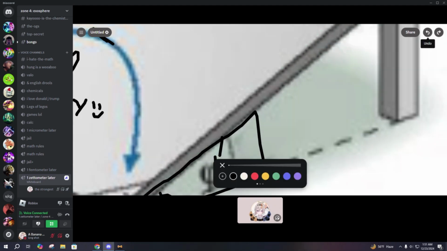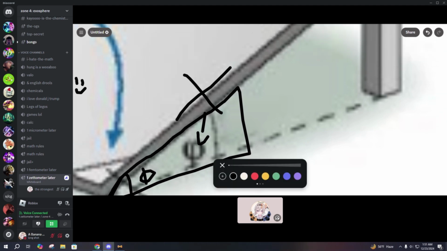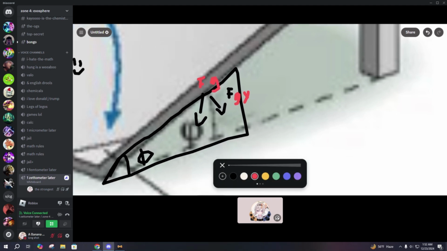There's going to be an FG force downwards, but since that's not the plane of motion I'm looking at, there's going to be two components to it. There's going to be FGY, and there's also going to be FGX. This is what's going to influence that motion, that acceleration downwards.